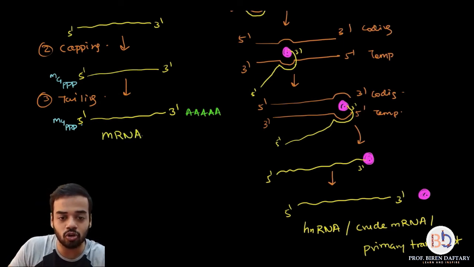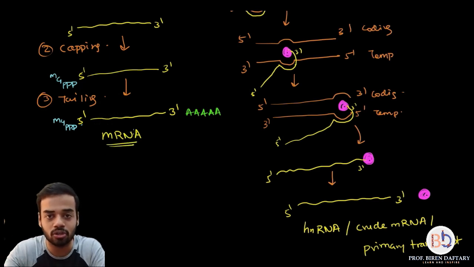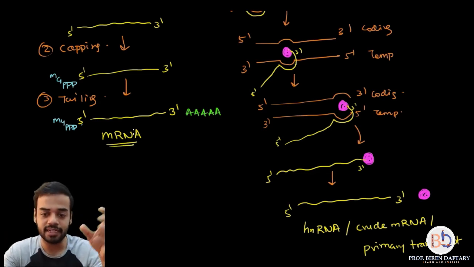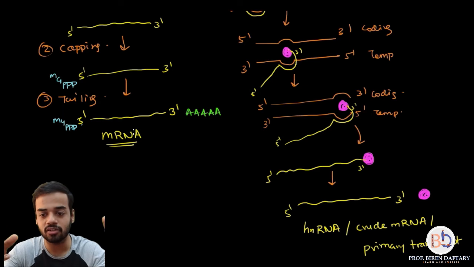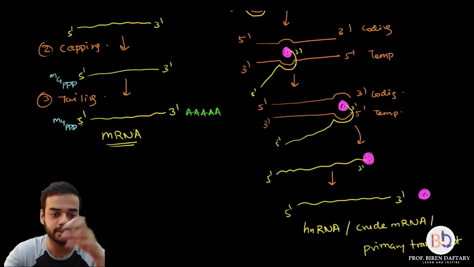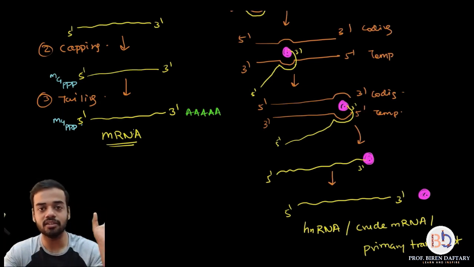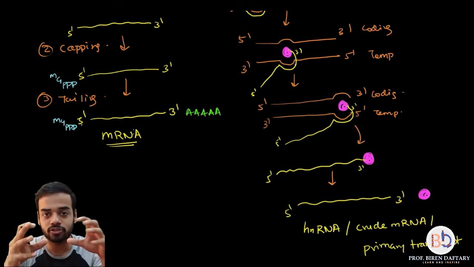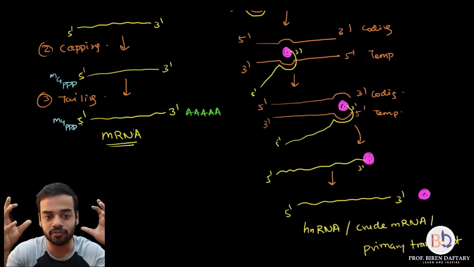Now it is no longer a heterogeneous RNA or a crude mRNA or a primary transcript. I hope the difference between hnRNA and mRNA, or between primary transcript and mRNA, is clear. The earlier ones are crude mixtures, and those mixtures are removed through these post-transcriptional changes, and you have this purified mRNA.